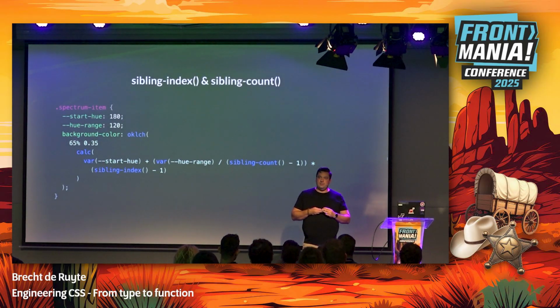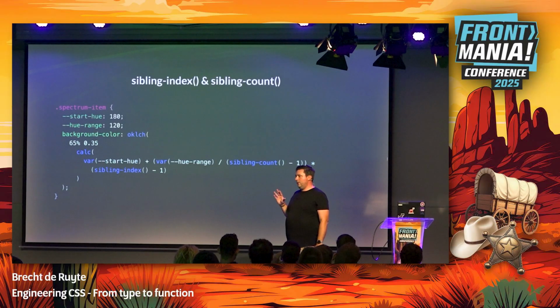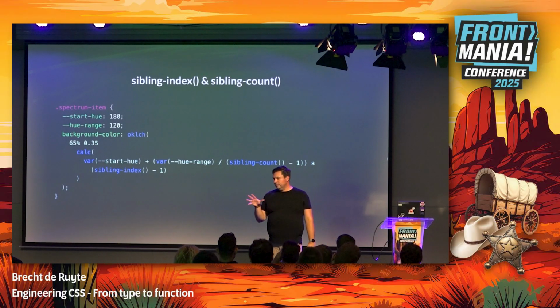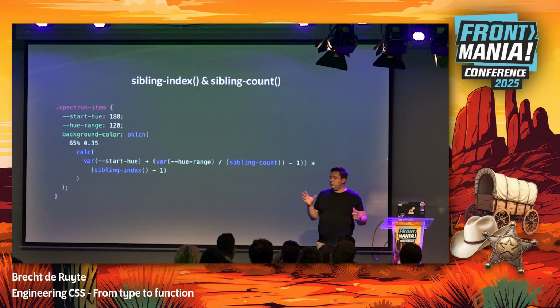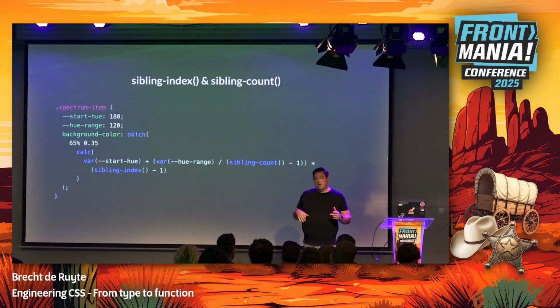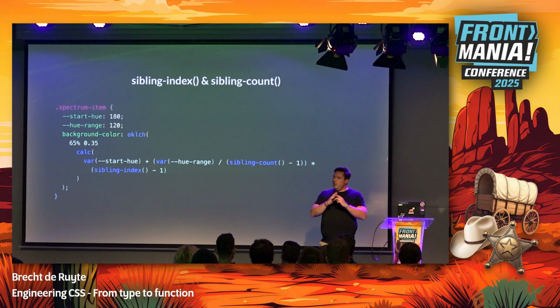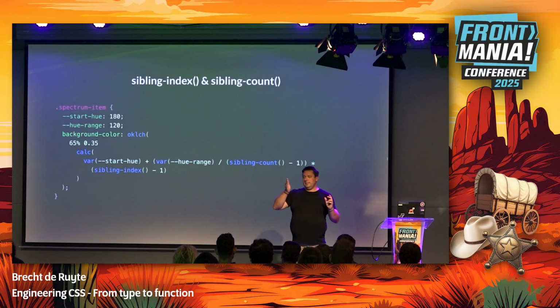But then I thought about another one. If I would have a starting hue of 180, which is sort of a teal color, and then I would have an end color, which was 300, it's the 180 plus the 120, 300 sort of a magenta color. Then I thought, if I have a range of 120, I could just cut that in half.